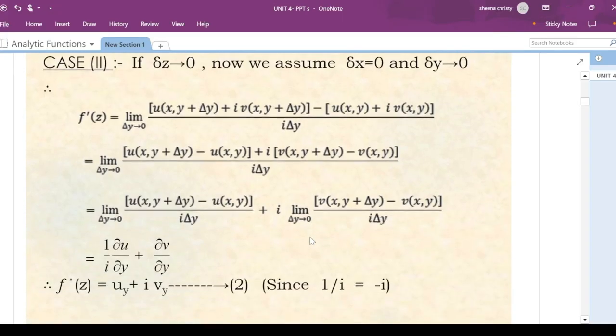By separating the real and imaginary part, you will get 1 by i into dou u by dou y plus dou v by dou y. So we are having the derivative of f of z in terms of the y variable, that is, uy plus i times vy.